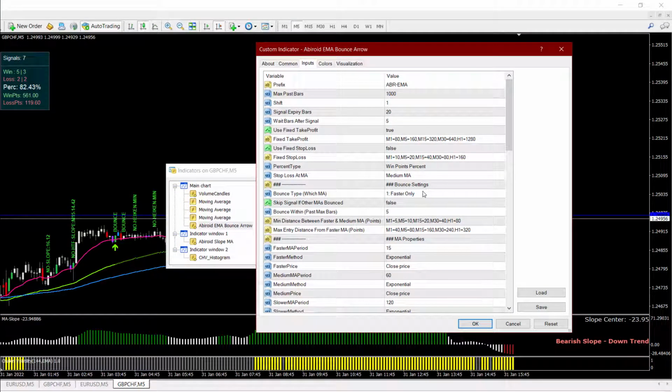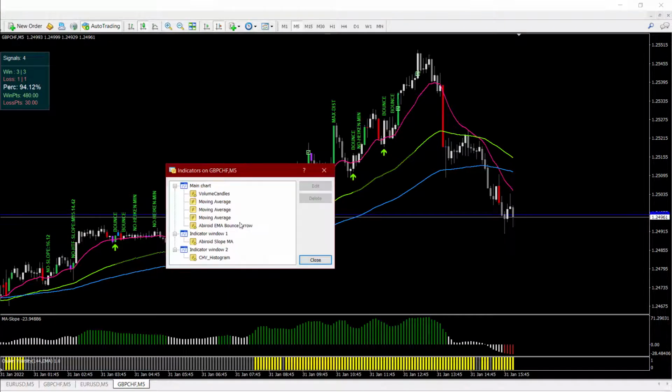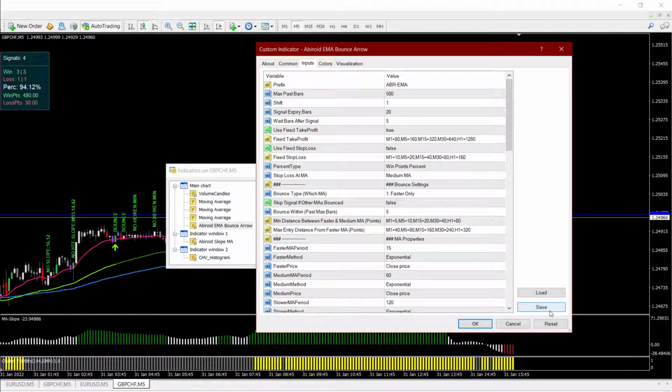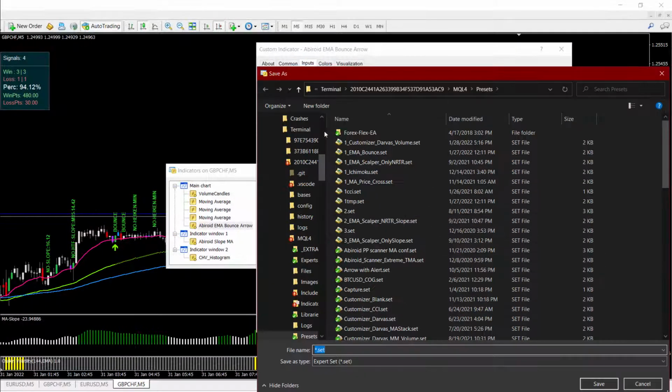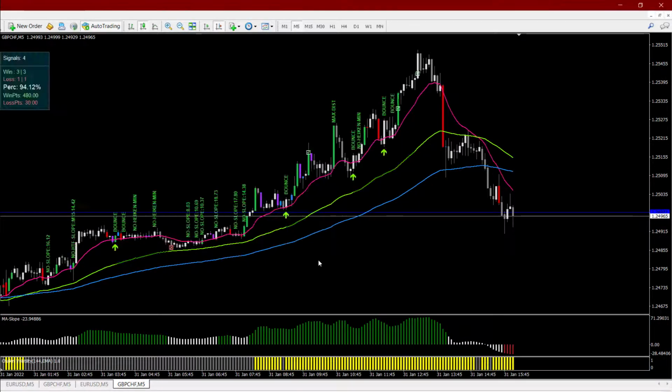So I'll just save this. I'll set this to 500. Whenever you make a change in the arrows indicator, just take this and save the set file. Right now I'll just save it to something like 1temp. Press OK.